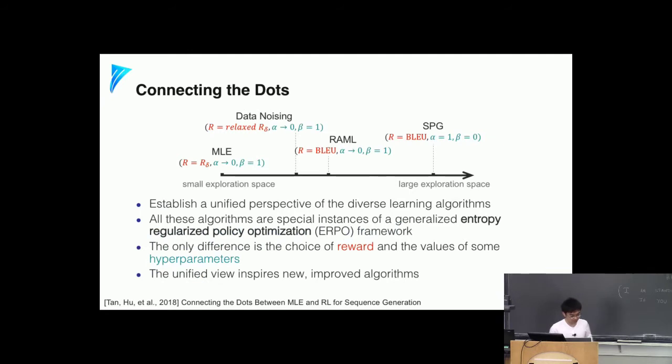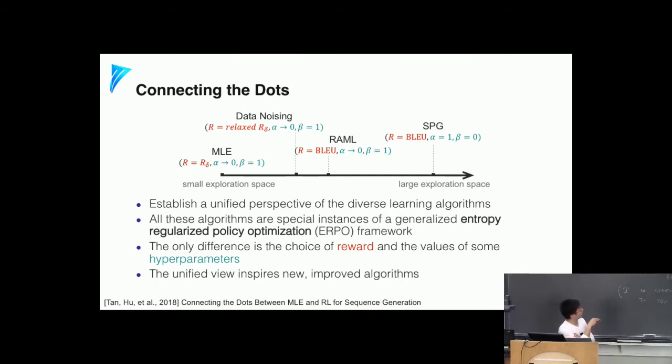So in a recent work, we establish a unified perspective of these diverse learning algorithms. We show that all these algorithms are indeed special instances of a particular framework called generalized entropy regularized policy optimization.